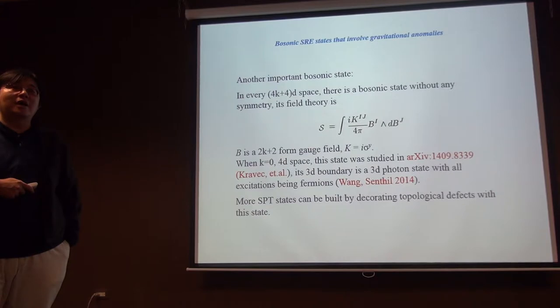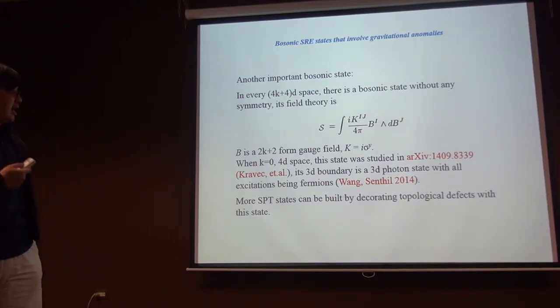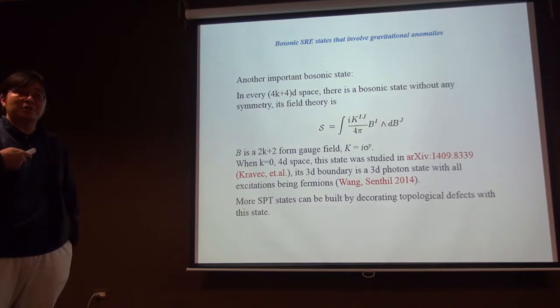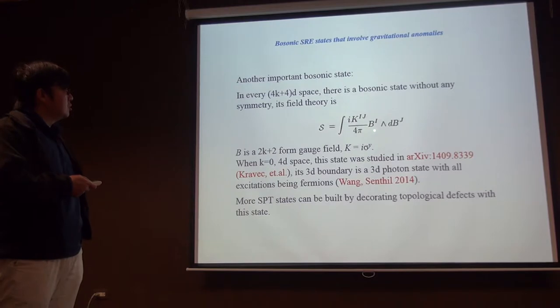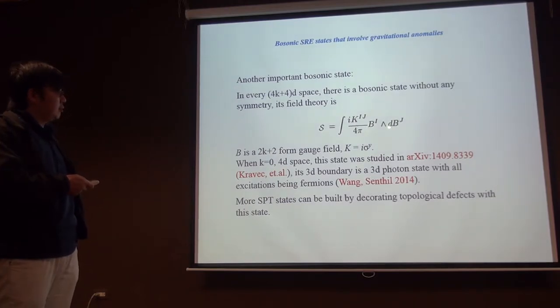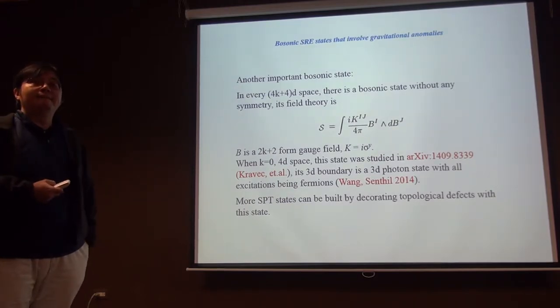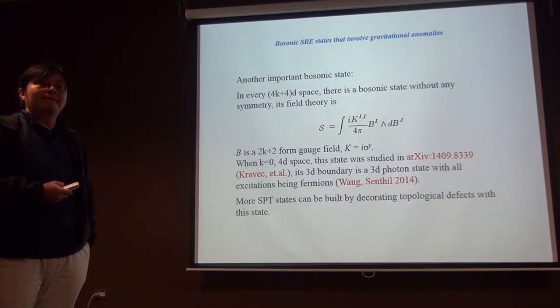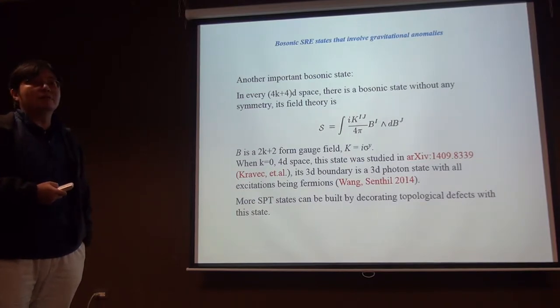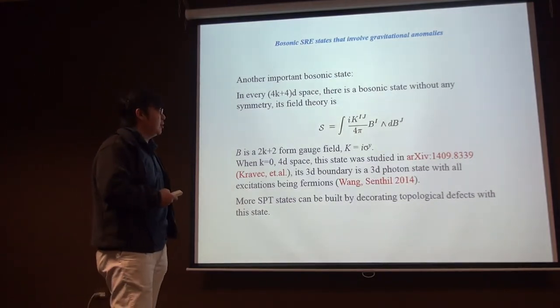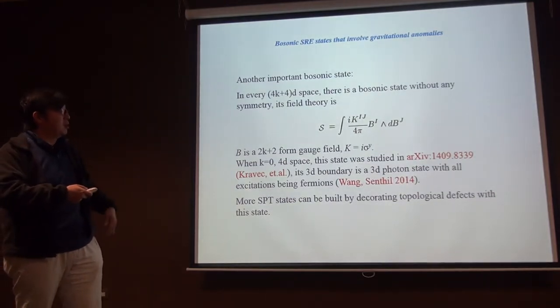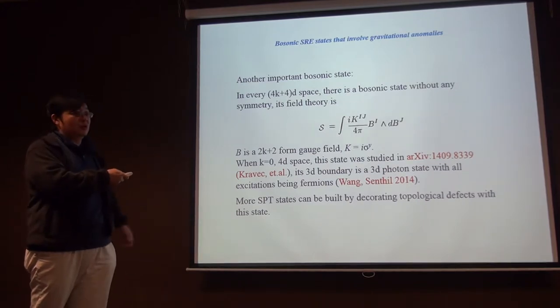So my table already has this one, and already has all the SPT constructed using this one. 4 plus 1D. This is rank 2... So this is a Z2 classification. Yeah, Z2 classification. So my table already has all the states constructed with both the one I showed you before and this one.